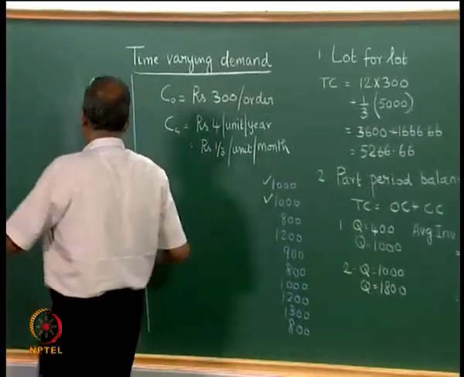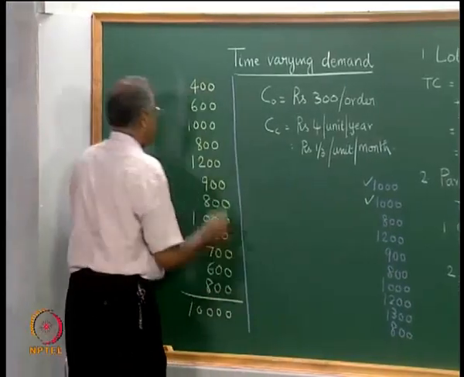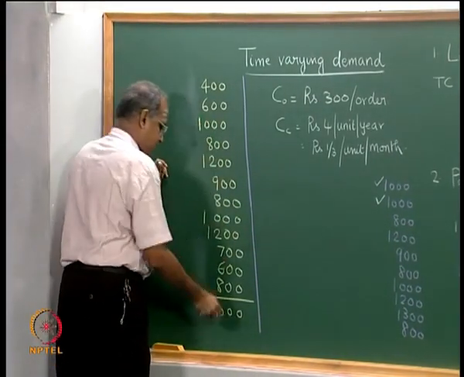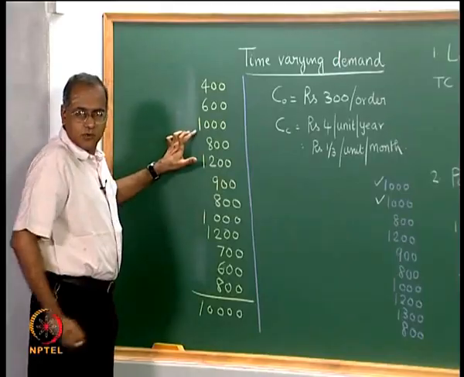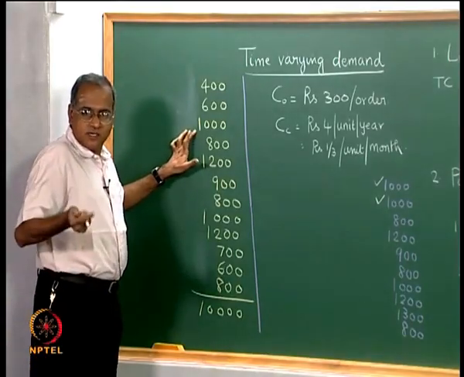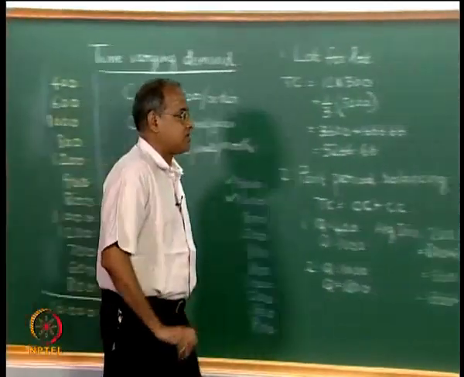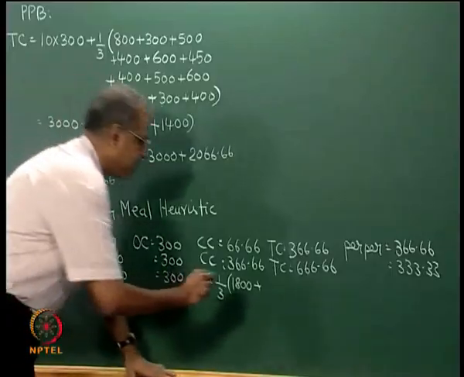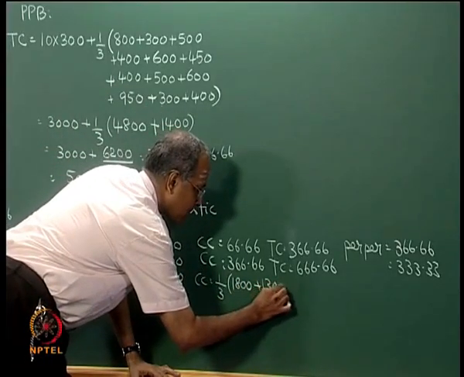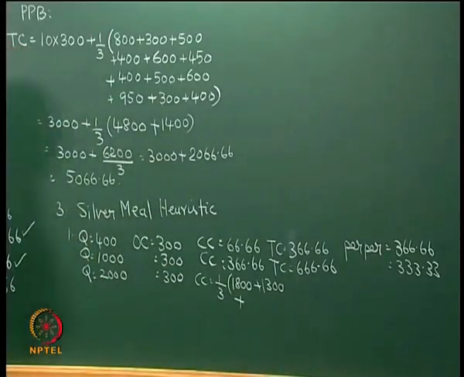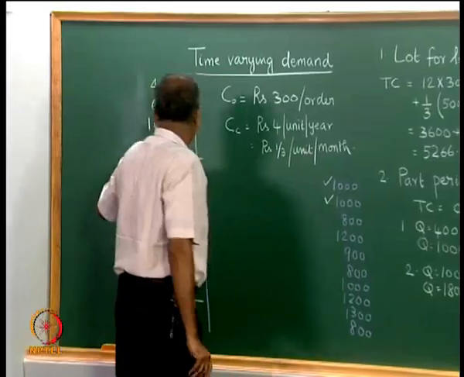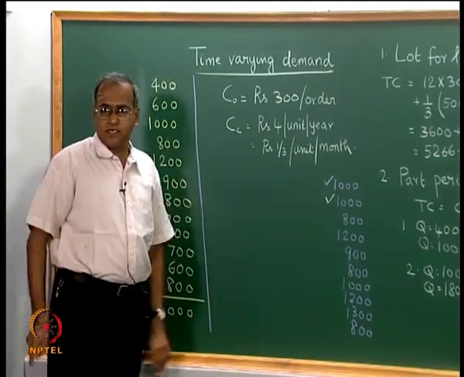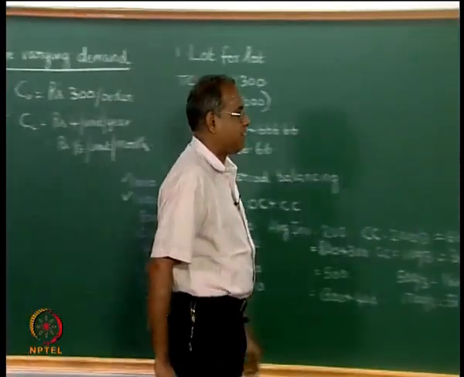Second month we begin with 1600 and end with 1000. So, 2600 divided by 2 is 1300. Third month we would begin with 1000 and end with 0. So, average inventory will be 500.